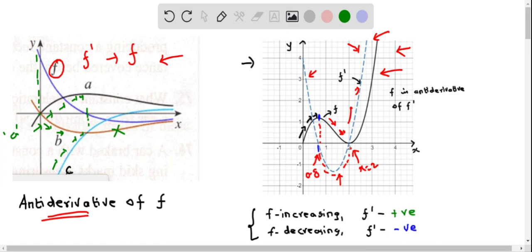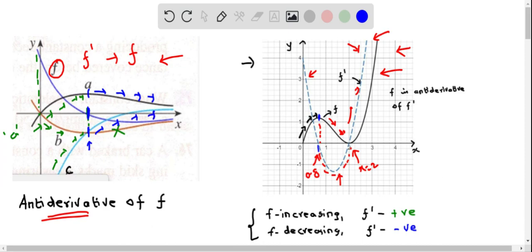However, if you come back to the graph of f prime, the derivative of f, after this point it is negative, which means the graph of the original function has to be decreasing. So clearly we can see that only the graph of A is decreasing after this point, which I have indicated, but not the graph of C, because the graph of C is still increasing, as you can see here.